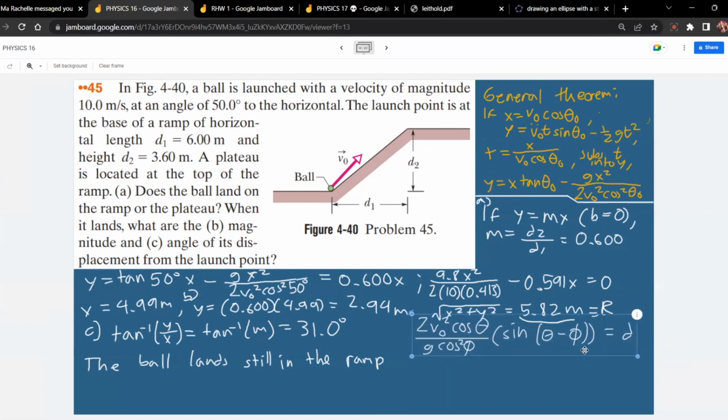Tapos V naught square is 2 times 10 square. And then cosine of tangent inverse of 3.6 over 6.